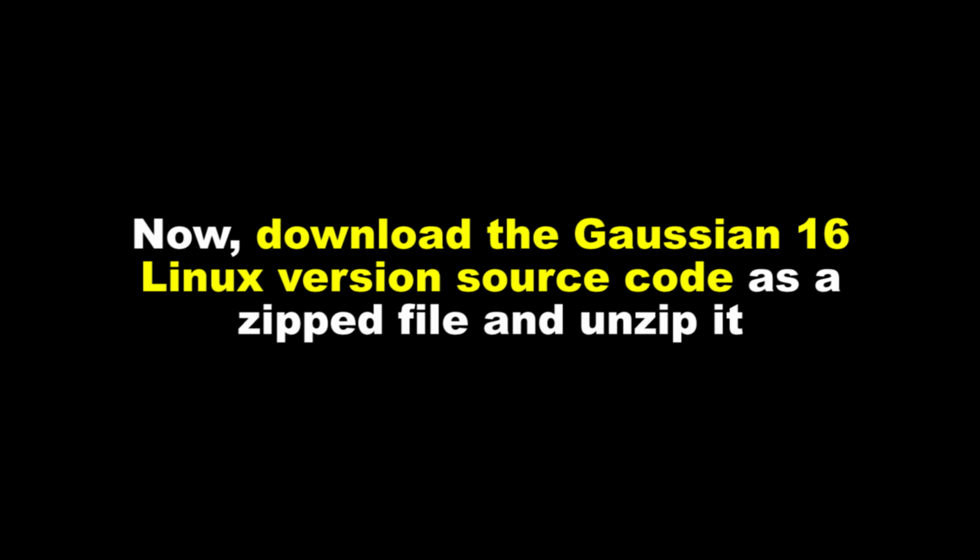Now, download the Gaussian 16 Linux version source code as a zip file and unzip it. Download link is in the description.